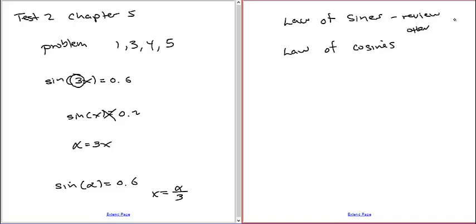In this case, the problem that I gave you in the test was I gave you 2 angles and the side. So angle, side, angle, basically. So the other ones were side... Let's see, what was it?